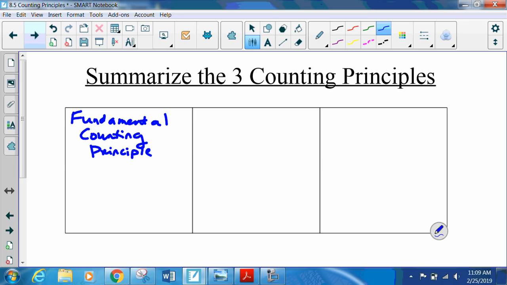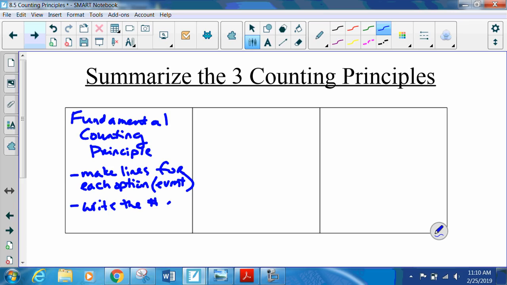And when we decide to use it, we make lines for each option. And sometimes we call those options events. Okay, for each option or each event. And then we write the number of choices for each option or event.